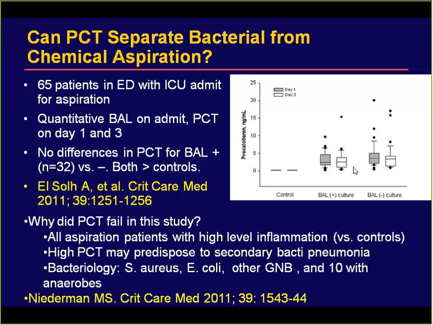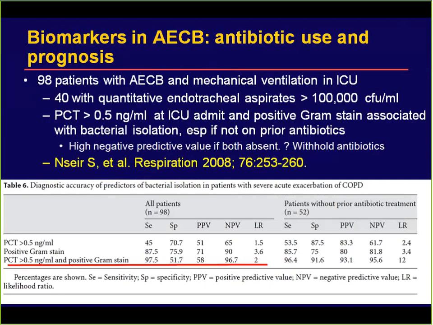Even if they didn't have a bacterial infection, there was a lot of inflammation, but a very high level turned out to be somewhat predictive of bacterial infection with certain pathogens, so it may have been an indication of a high enough level of inflammation to suggest that those patients were going to get secondary infection. But clinically, to manage patients, I don't think you can use it for that purpose.